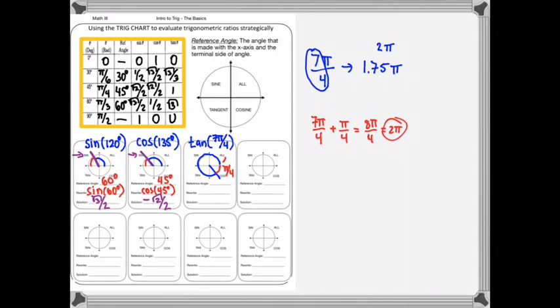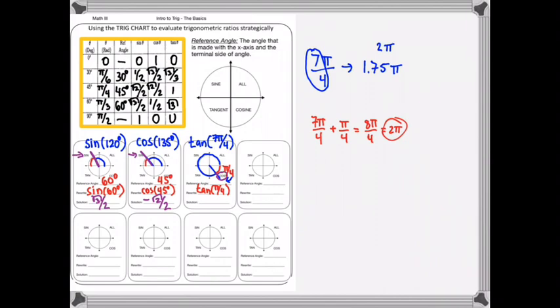So let's do some rewriting. First of all, the reference angle goes right there, and so we rewrite this as the tangent of pi over 4. Okay, and we look to see that this is in cosineville.